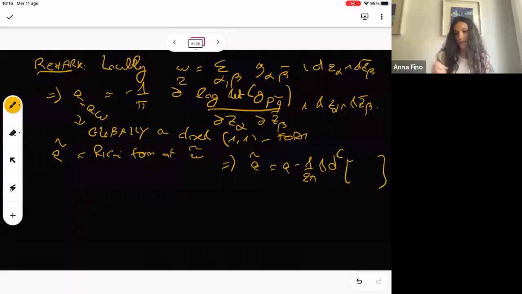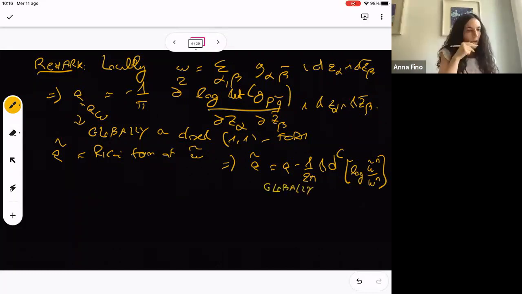The function here is just a notation that we write down: if you take omega tilde n wedge, the factor relating omega n to omega tilde n is just a positive function, and we take the log of this function. This is what I mean. That's all global.